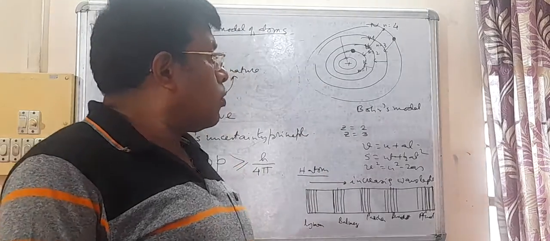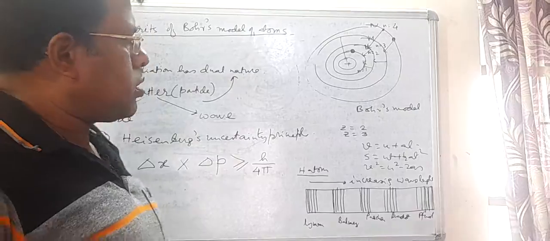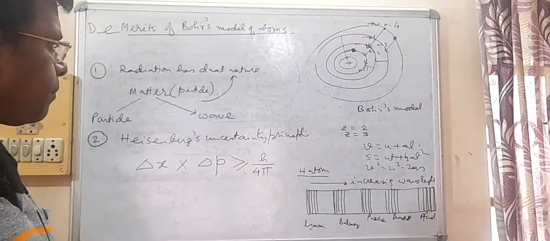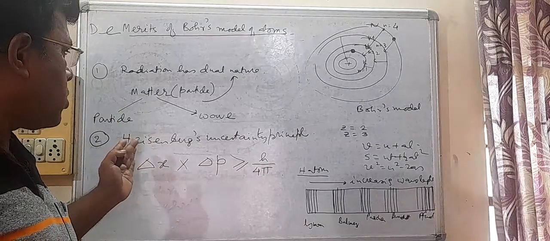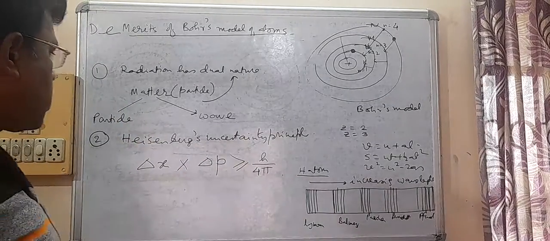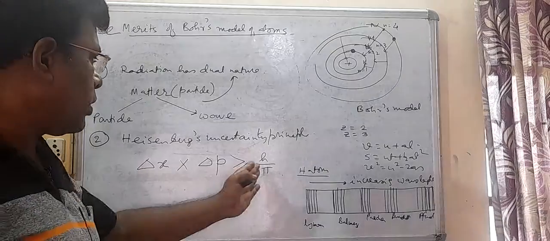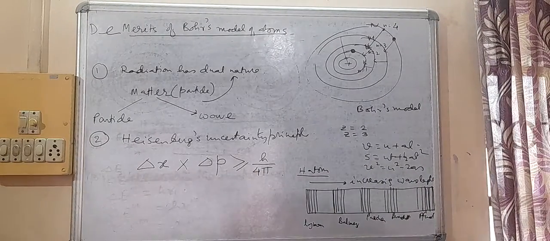But with respect to microscopic particles, that cannot be done. So for microscopic particles, we have Heisenberg's uncertainty principle, and this is its mathematical statement.